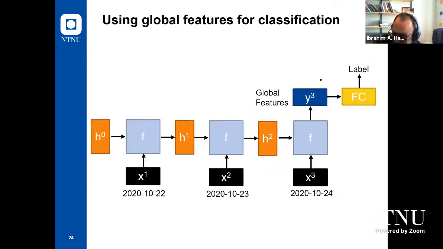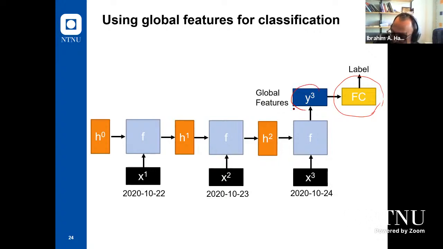For the structure using a global feature for classification, you can build your model like this: an RNN model, one layer, for example, and the global feature from it you feed to a fully connected layer, maybe used for classification. For example, in sentiment analysis, we can use an RNN that deals with a sequence of inputs, and you will get this global feature or local features.